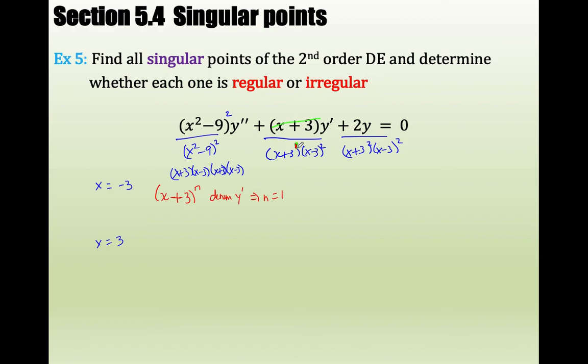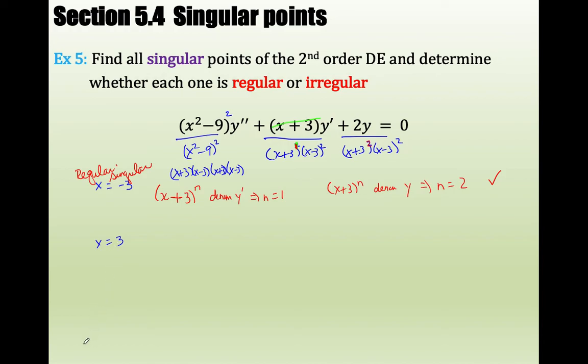And how about in the denominator of the y coefficient? What is n? n is equal to 2. So don't I meet the conditions? Since I meet the conditions, x minus 3 is a singular point, but it is a regular singular point, right?